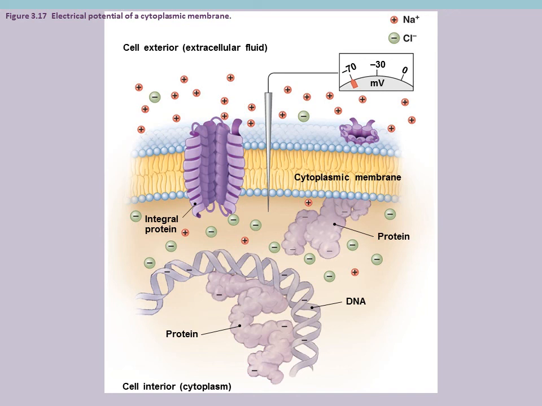We can actually measure the electrical potential, which is known as the resting potential of the cell. It's around minus 70 millivolts. Sodium, which has a positive charge, tends to be a higher concentration outside the cell. Things like chlorine, which are a negative charge, tend to be higher concentration inside the cell. And so that's how you end up with a net negative inside and positive outside.